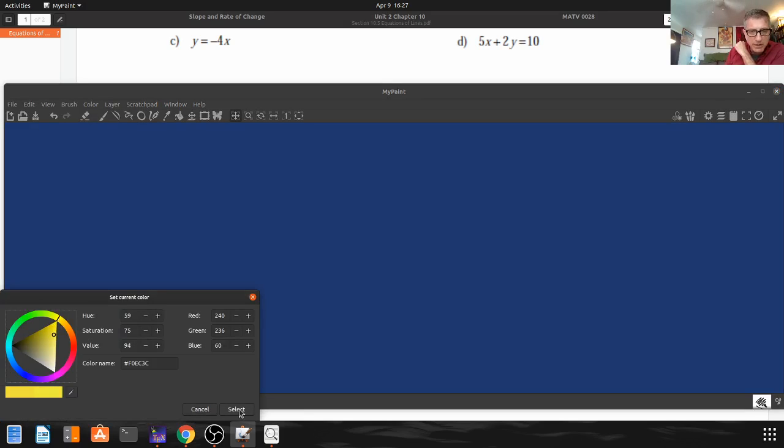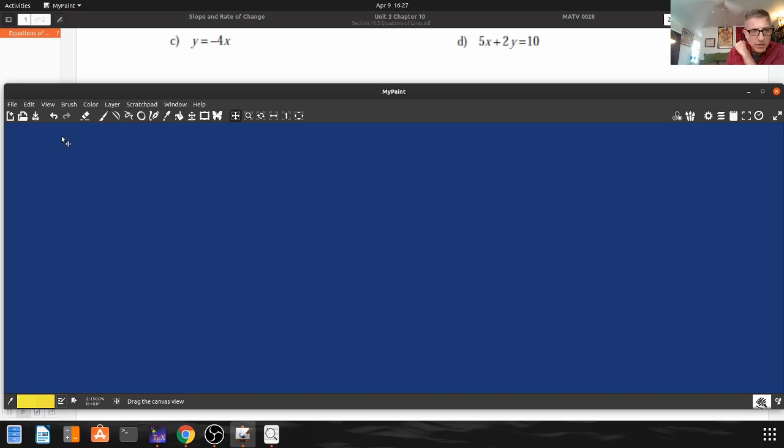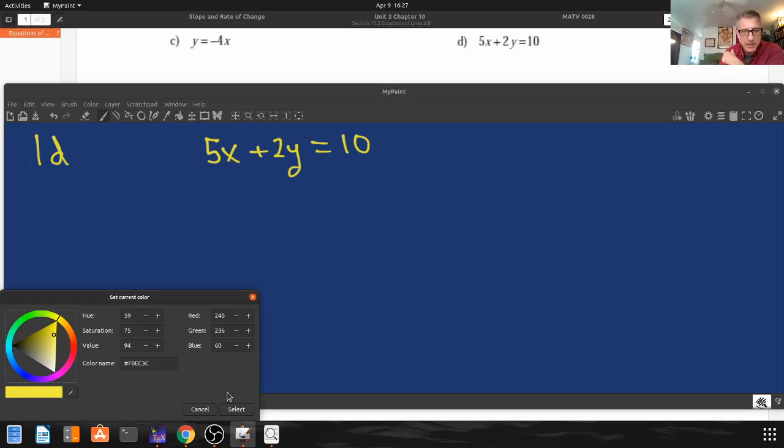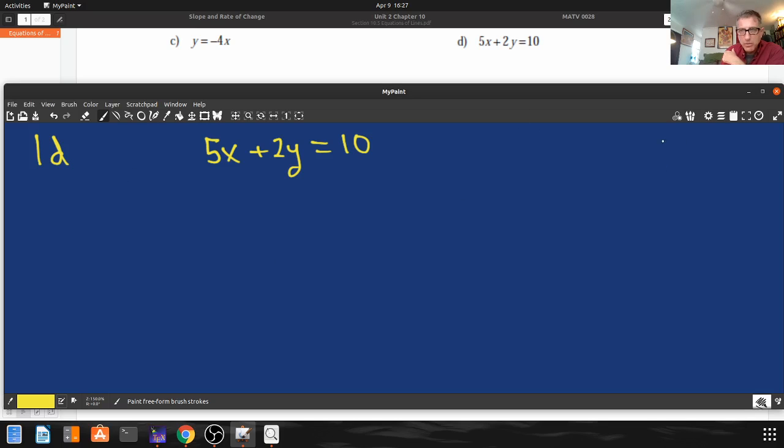So we're going to do this. There we go, 1D. And the equation we're given is 5x plus 2y is equal to 10. So the name of the game, the theme of this is y-intercept form. y is equal to mx plus b.